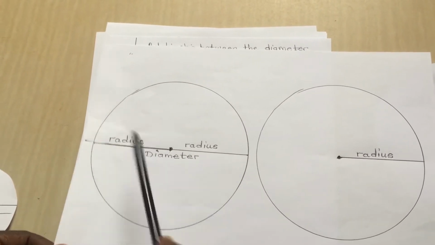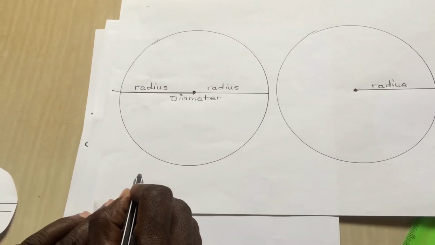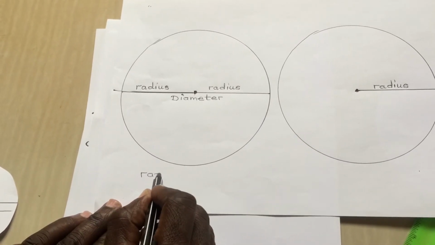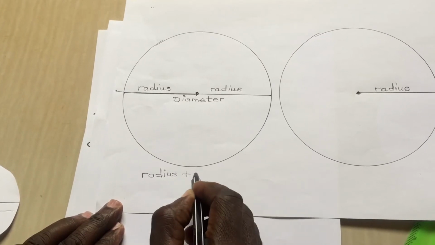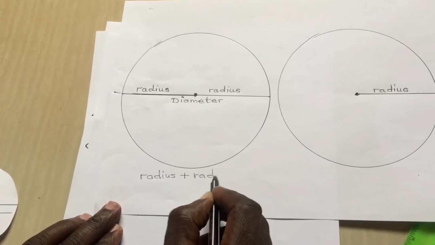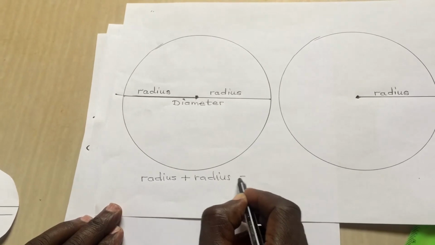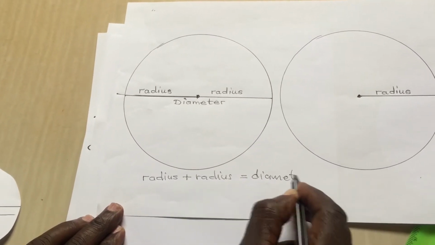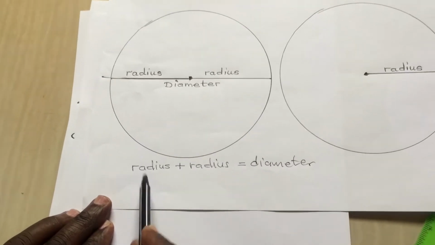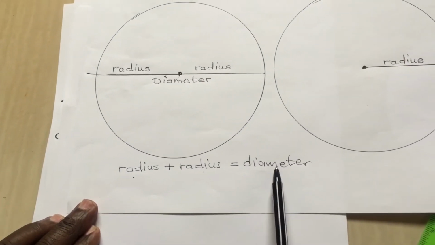There are 2. So meaning a radius plus a radius is equal to diameter.